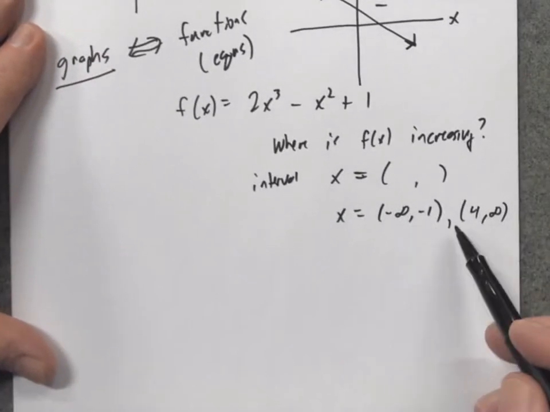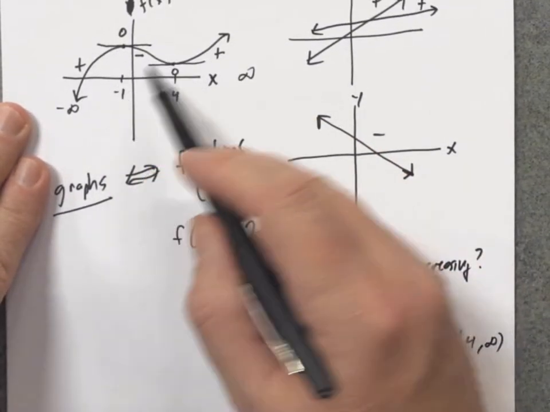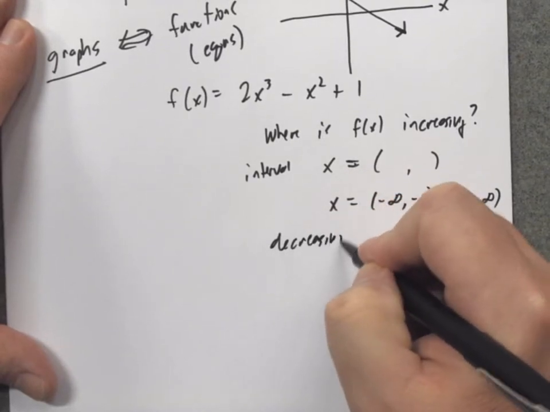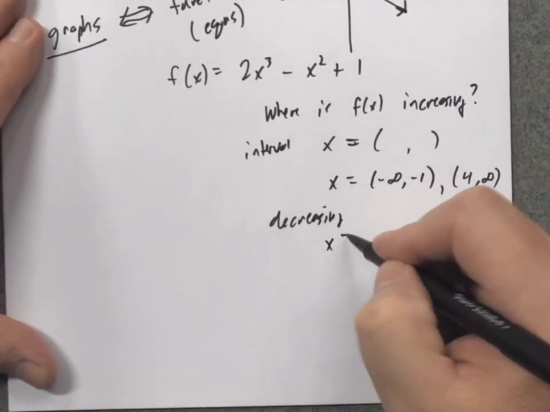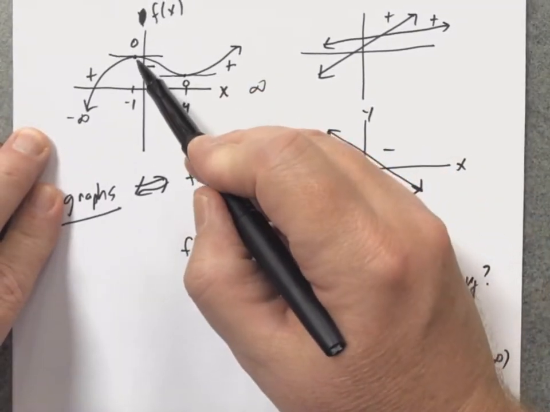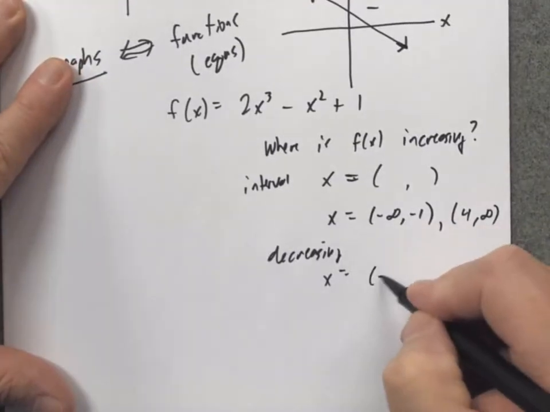So these are the intervals, looking at this graph where it's increasing, and if we ask about where is it decreasing, there's only one region here. We would say it's decreasing when x is between -1 and 4.